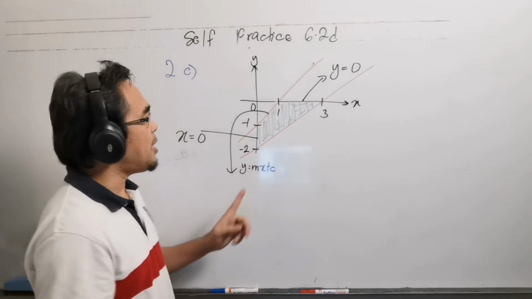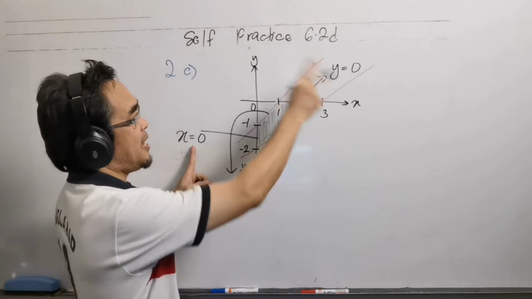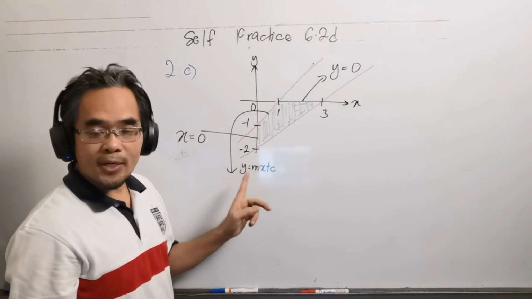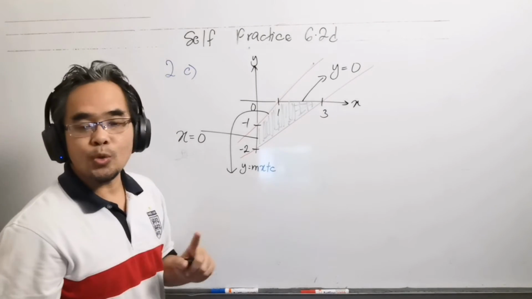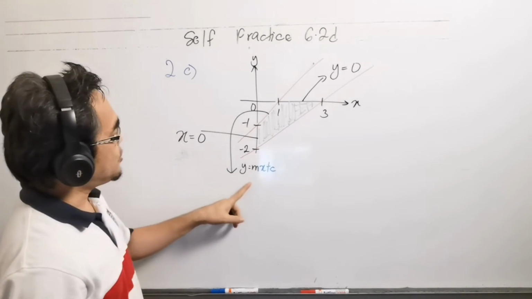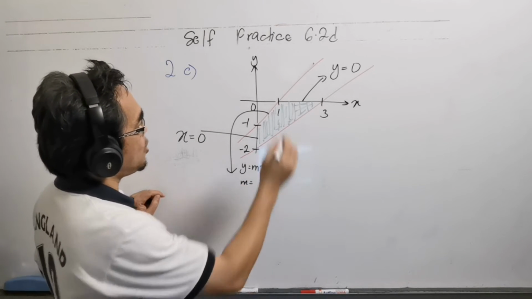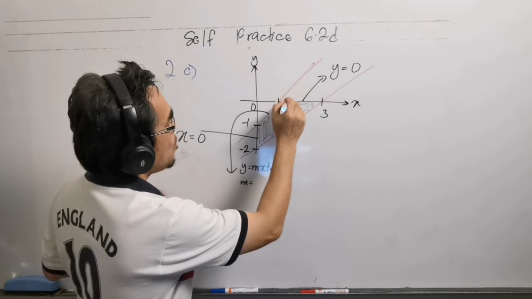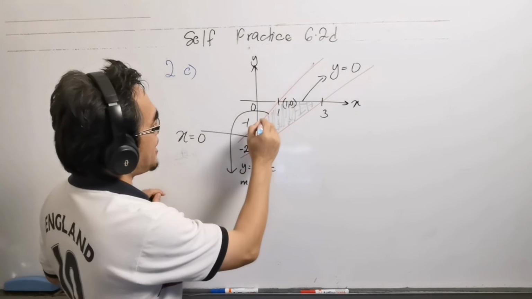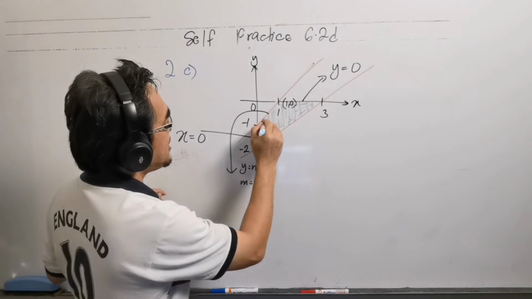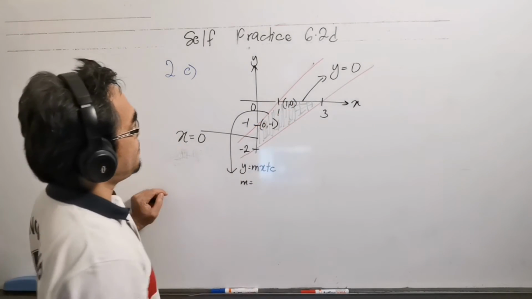If you don't understand why suddenly this is x and y, and this is y according to y equals 0, you could also ask that. So find the gradient m. The coordinates here will be 1, 0 and here 0, negative 1.